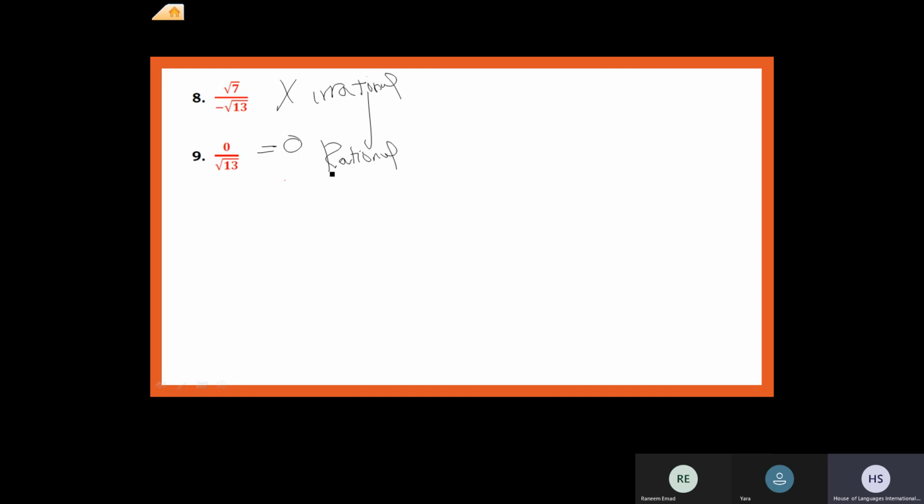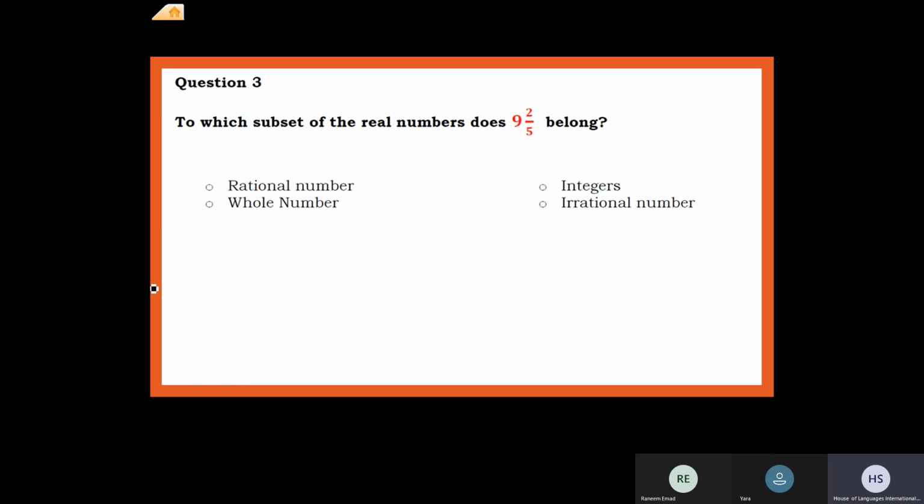Got it now? Do you have any question? 0 over square root of 13. Solve the answer. 0. 0 is rational.